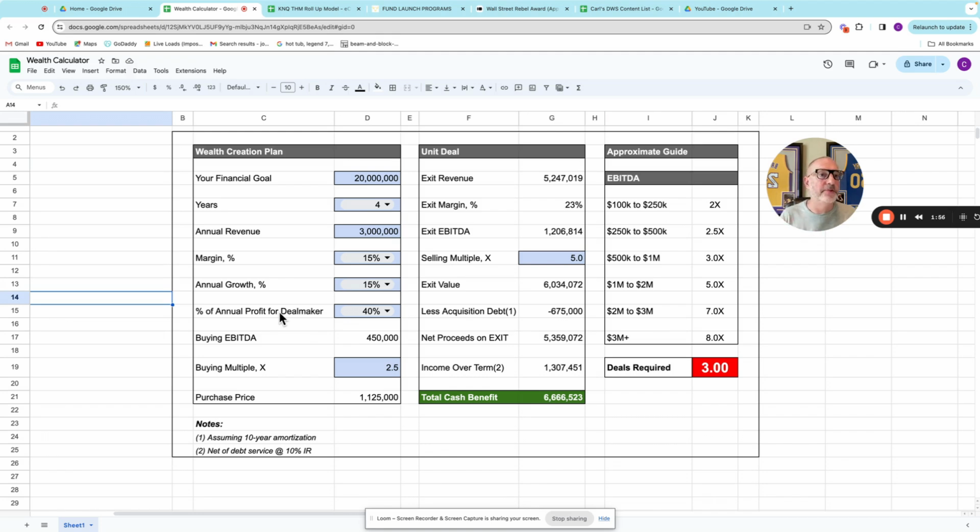You might want to take 100%, 80%, or 40%. Never take 100%, which is why that's not an option. You might want to keep reinvesting the money to grow, but you'll probably be taking, I would say, 40 to 60% of that net cash flow as your income, as your money, as the owner of that business.